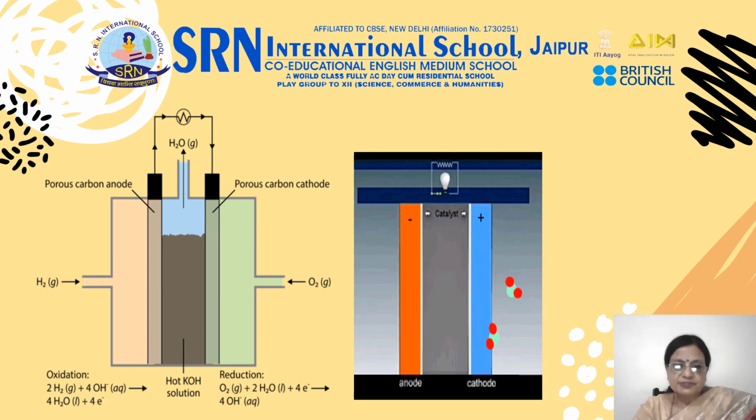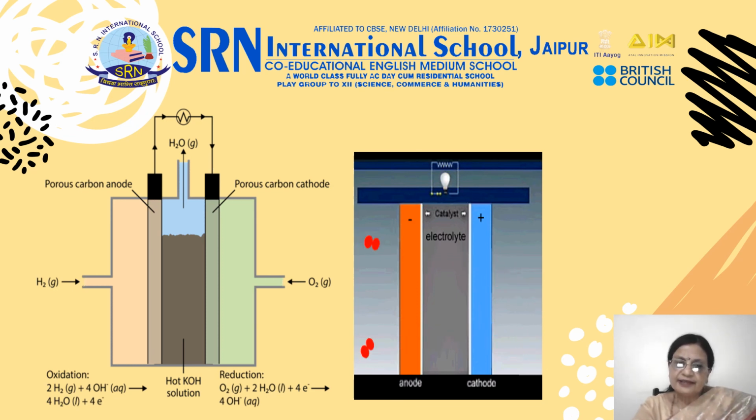In this fuel cell, hydrogen gas and oxygen gas are bubbled through porous carbon electrodes, which are embedded with a catalyst, that is metals like platinum or palladium, so that it can increase the rate of the reaction. When hydrogen and oxygen pass through the porous carbon rods, they react with the concentrated aqueous solution of potassium hydroxide.